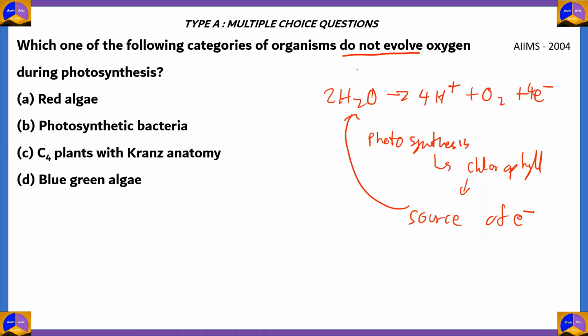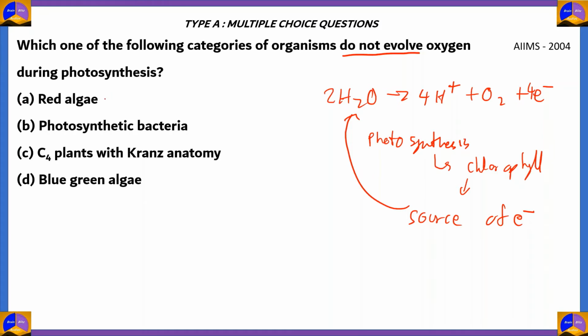So if we can find out which of these organisms do not have chlorophyll in them, then we will be able to say that they do not evolve oxygen during photosynthesis. Let's look at our options.